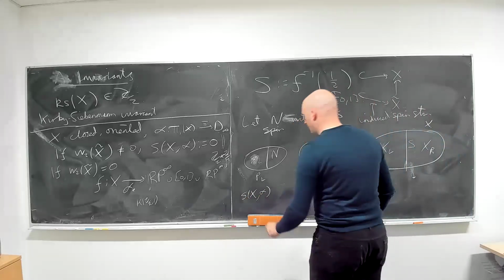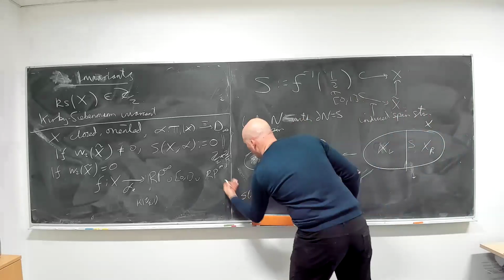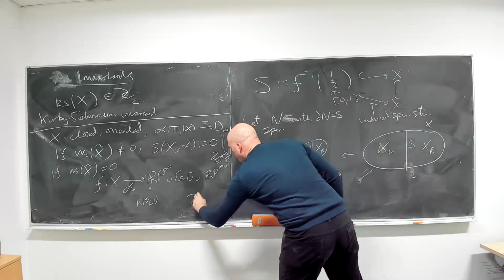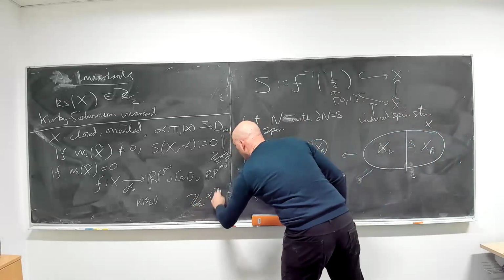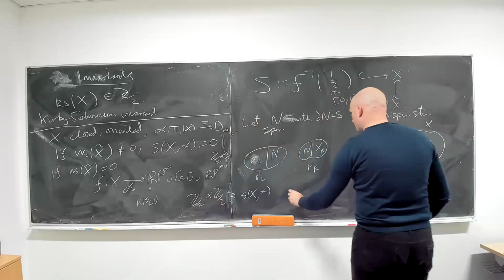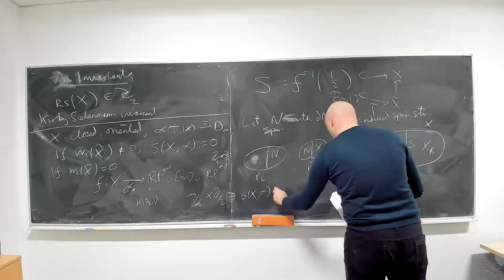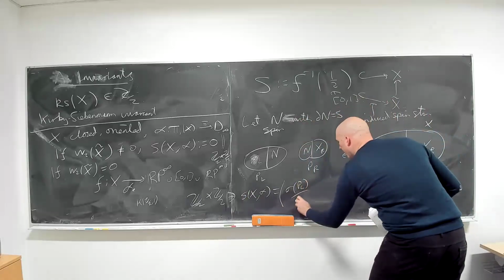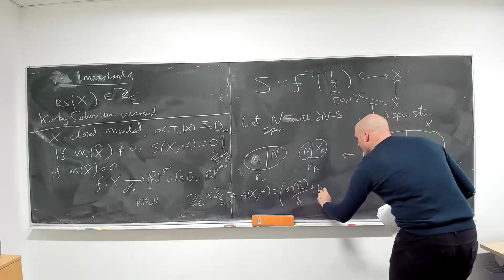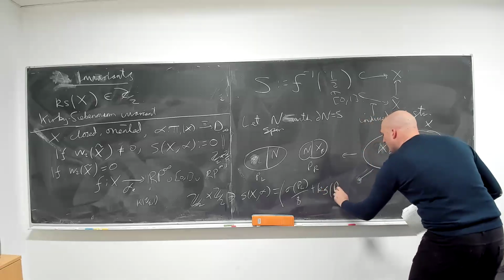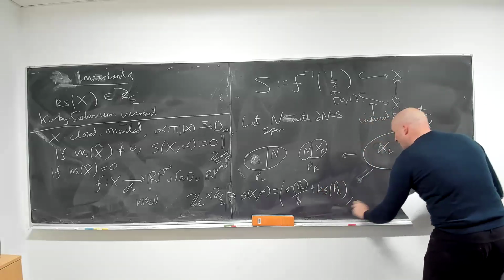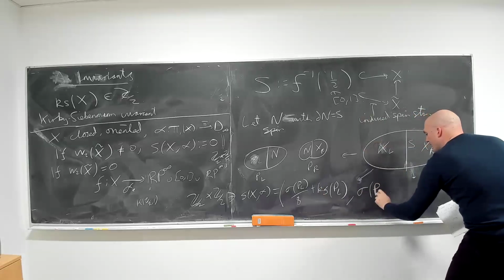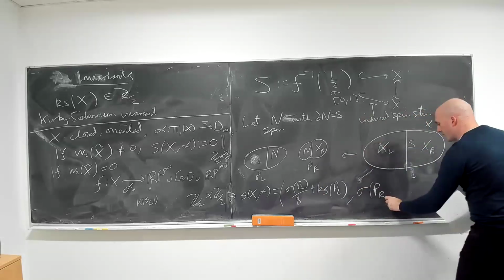And then S of X alpha is an element of Z2 cross Z2. This is now given by the signature of this P_L divided by 8 plus the Kirby-Siebenmann invariant of it. That's the element of Z mod 2. And then I just do the same thing with the right. L is for left and R is for right.